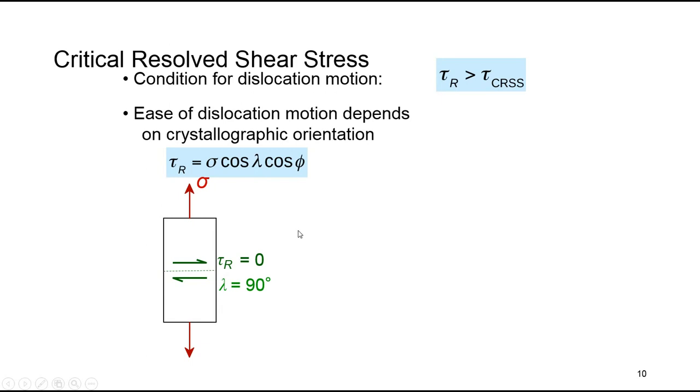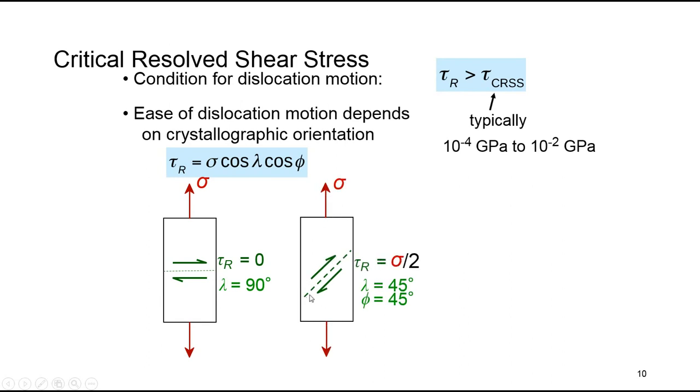If you have a look at this example, you see normal stress is applied along this axis, say the y-axis, and shear stress is applied on this plane along the x-axis. Gamma is equal to 90, therefore tau r is equal to 0. If we change the angle of this plane to 45 degrees, then gamma is 45, phi is 45, and tau r is sigma over 2.